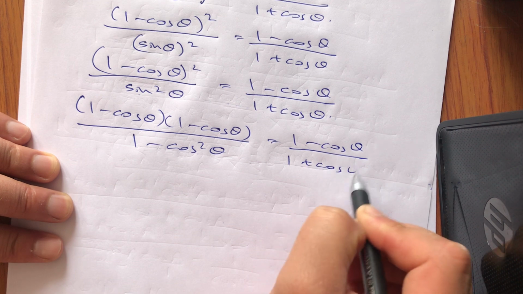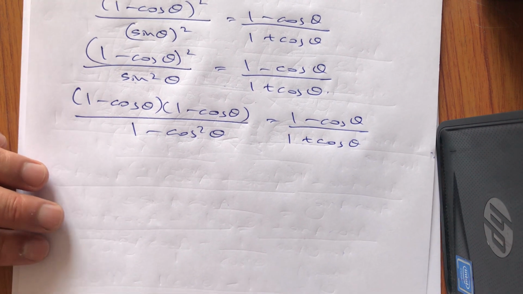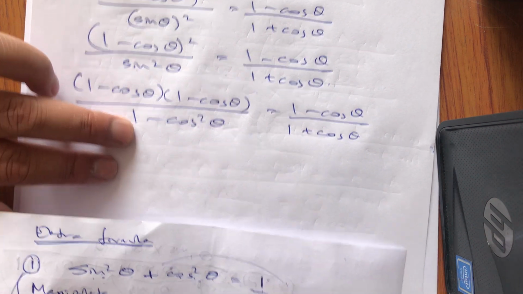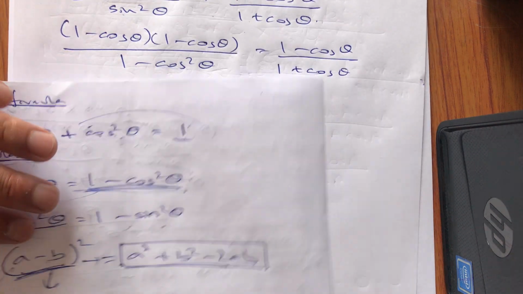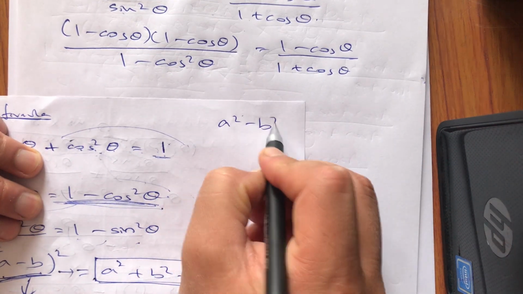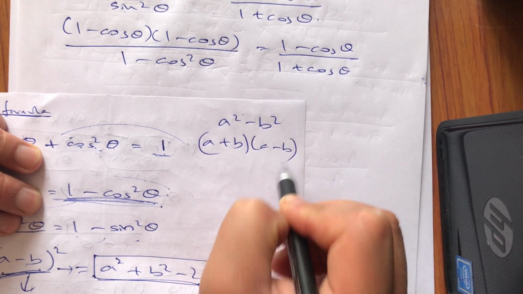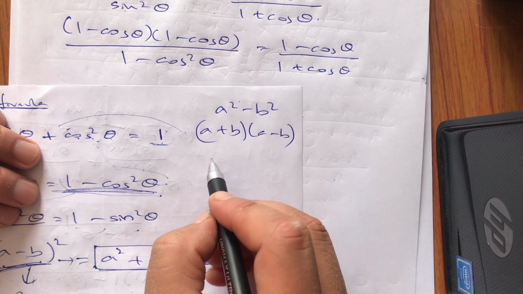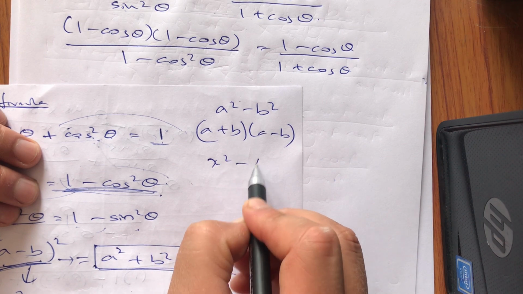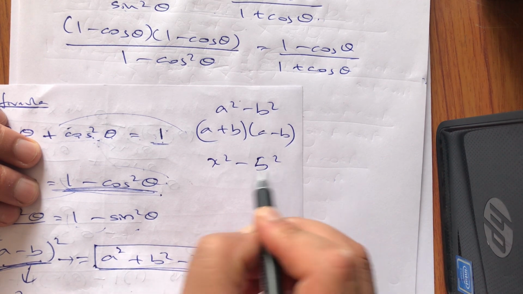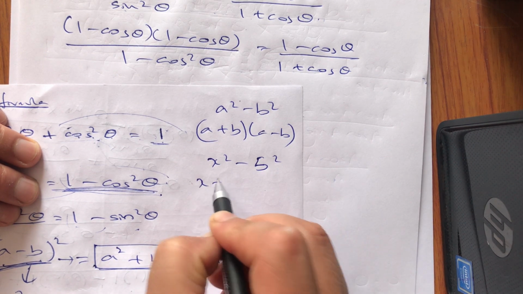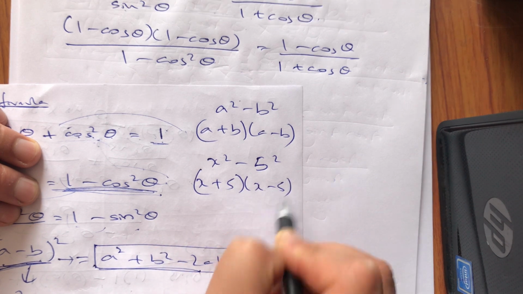So that is equal to 1 minus cos theta by 1 plus cos theta. Okay, and now that I have this, if you look at the denominator, it looks like a squared minus b squared. How do I express it? I have a plus b, a minus b. That's the formula. So if I have, let's say, x square minus 5 square, I can write it as x plus 5, x minus 5.